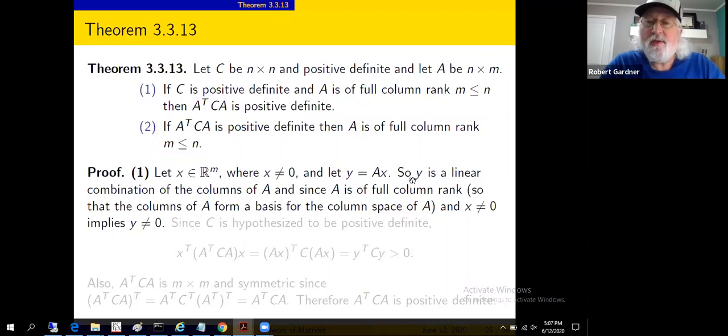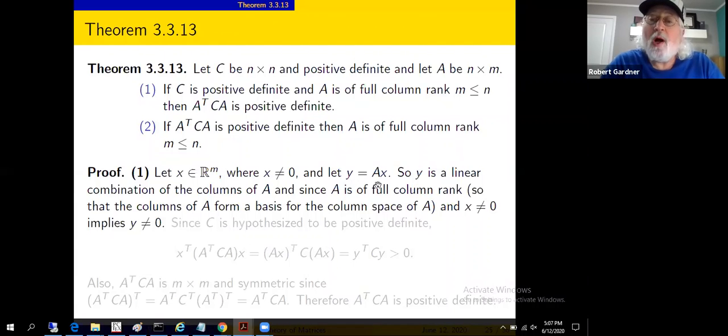You'll see why shortly. So by defining y as this type of product, you know whenever you take a matrix A, multiply on the right by a vector, you get a linear combination of the columns of A with the components of vector x as the coefficients.